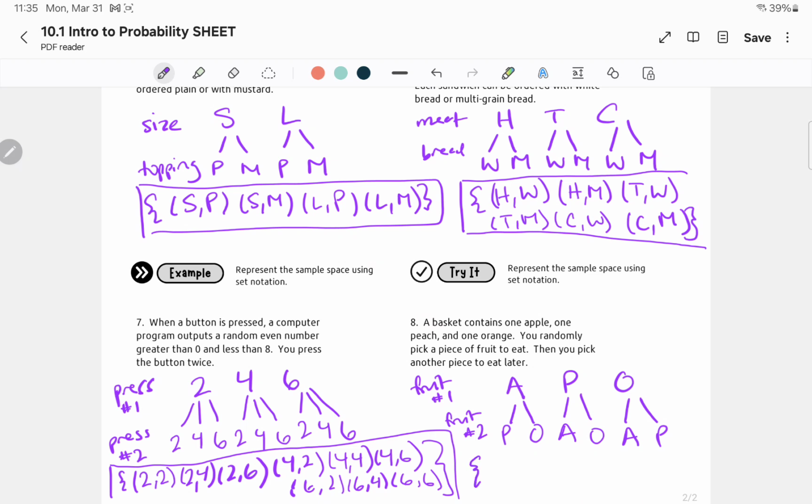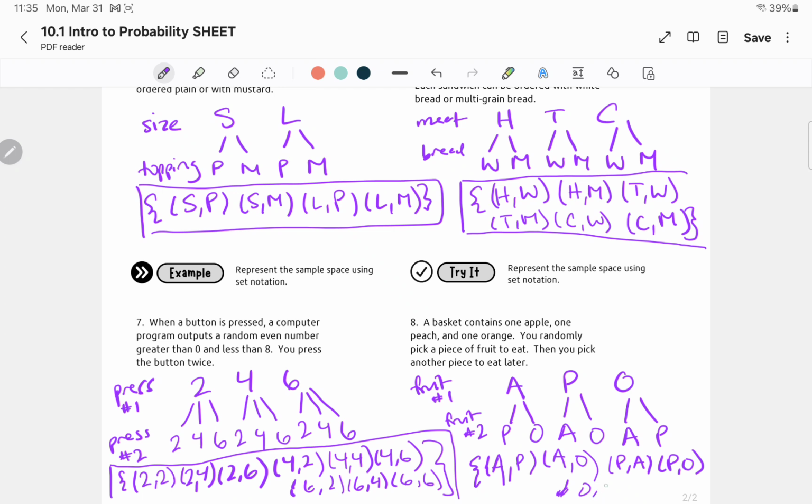And now we're gonna do the same thing, go down the branches. So I could have an apple first, a peach second. I can have an apple first, an orange second. I can have a peach first, an apple second. Or a peach first and an orange second. And then, oh goodness, that's supposed to be parentheses. Sorry, guys.